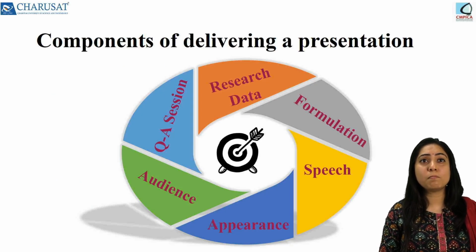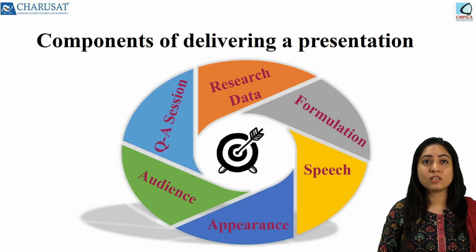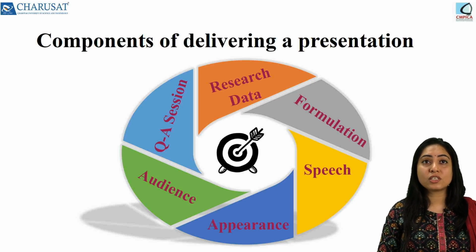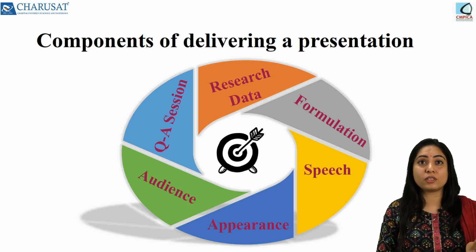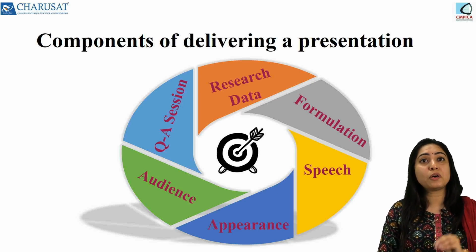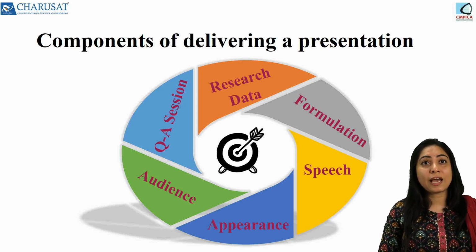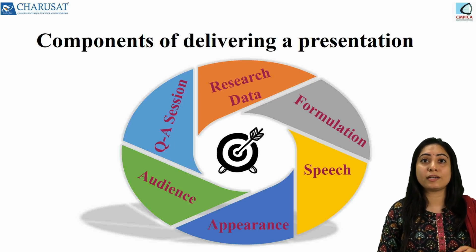When we speak of components of delivering a presentation, right, if we want to reach the maximum target, what should be the ideas? First is collecting the research data, right? What should be the steps rather, right? I'm saying these are components because each one of these will have details that we'll have to go through in depth, and we'll have to take them one at a time, right?